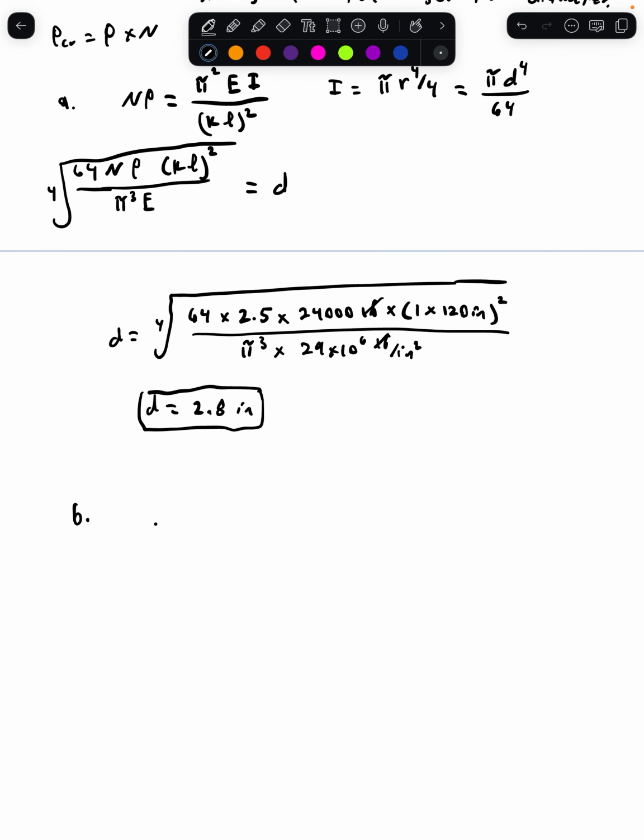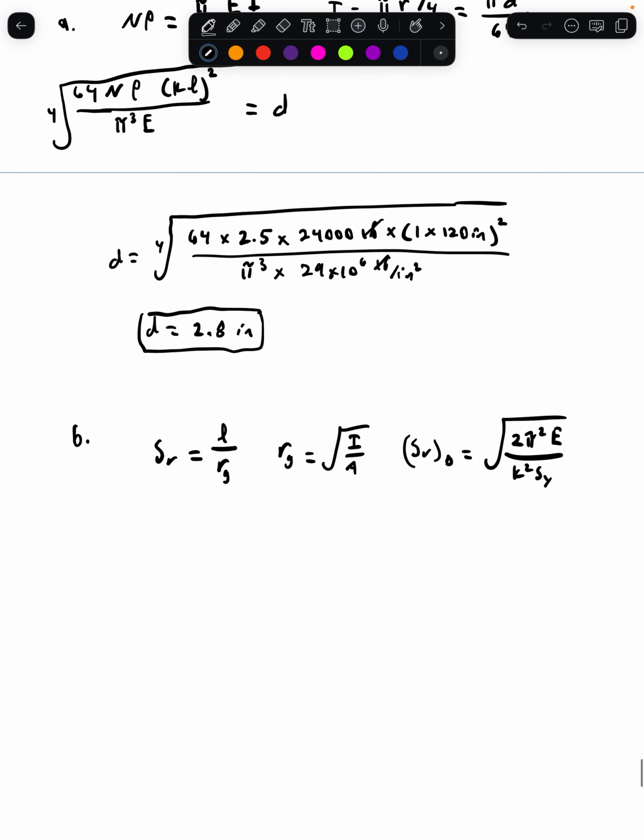So from above, we can use the slenderness equation. Slenderness ratio is the length over the radius of gyration. The radius of gyration is the square root of I over A. And then our stress determination factor is the square root of 2 pi squared times elasticity divided by k squared times yield strength.